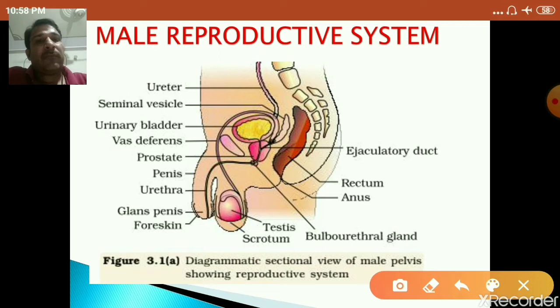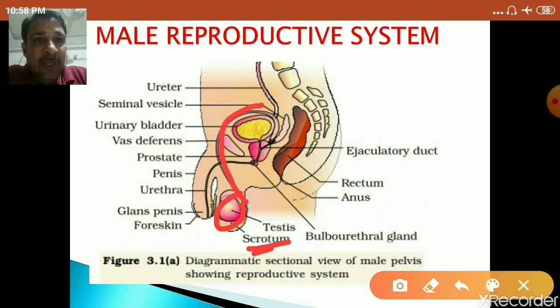You can easily find out that the testis is oval shaped. It is situated in a pouch that is known as the scrotum, and various ducts arise from the testis, like rete testis, efferent ducts, and vas deferens.